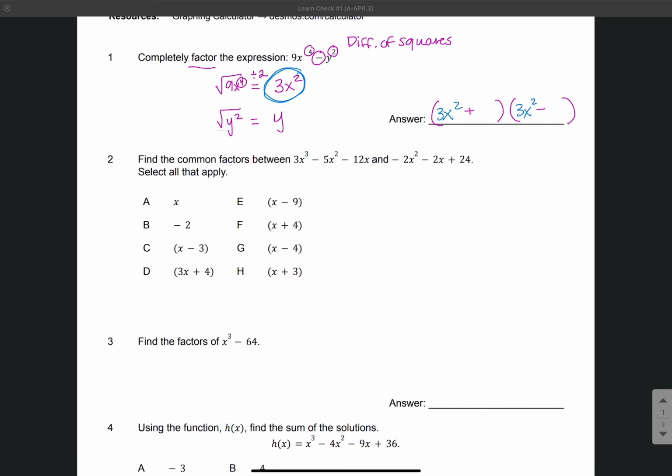And then you're going to be doing the square root from the second term in the second spot. And then you're done. If you wanted to check your work, you could have done box method with these, and you would get back to standard form. Because remember that this is factored form, and then your original was standard form.